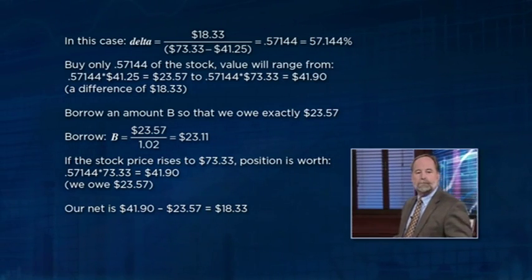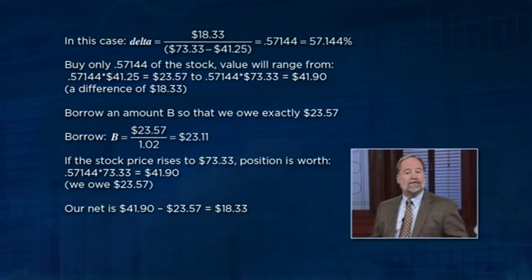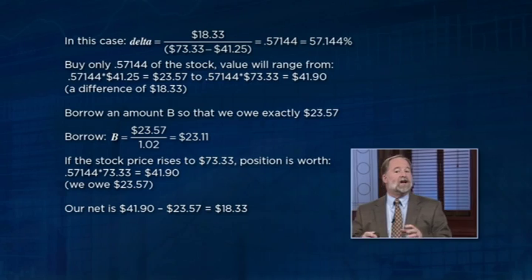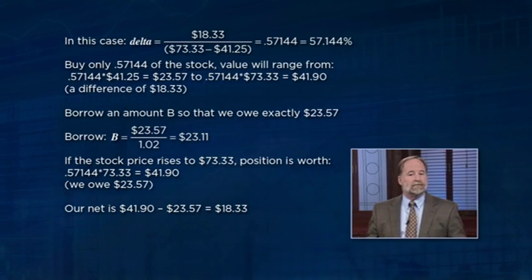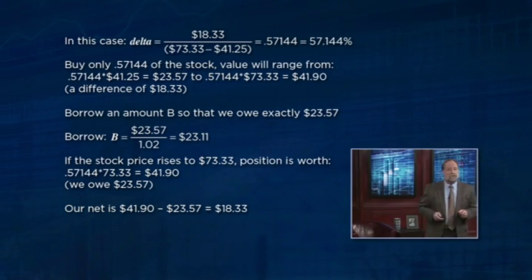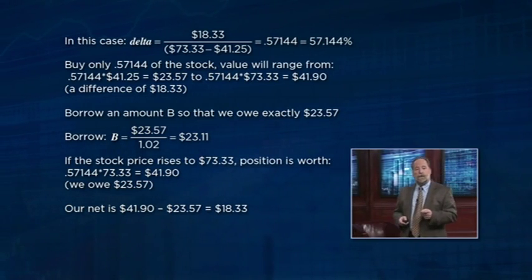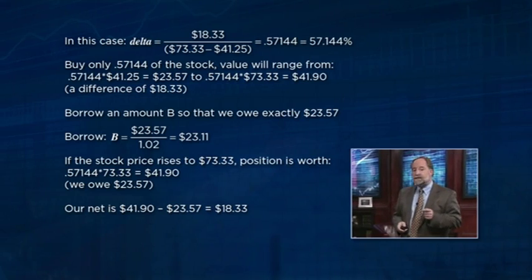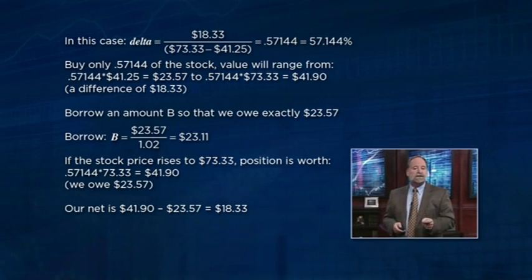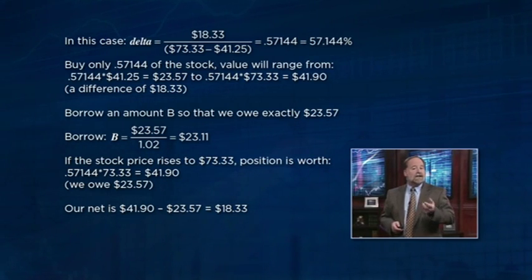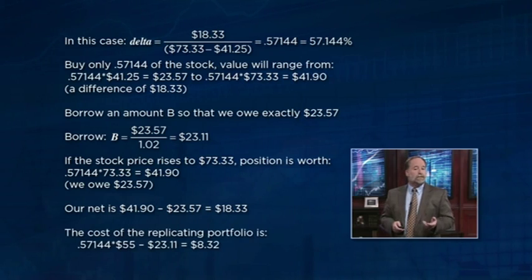So what just happened? We replicated the payoff on the option just using the underlying and the T-bills. We just built a BMW out of parts in my garage. If the replicating portfolio and the option generate the same payoffs, then it must be the case that they have exactly the same price. In this case, what's the cost of the replicating portfolio? Well, we went out and we bought 57.144% of a share. The current price of the share was $55.